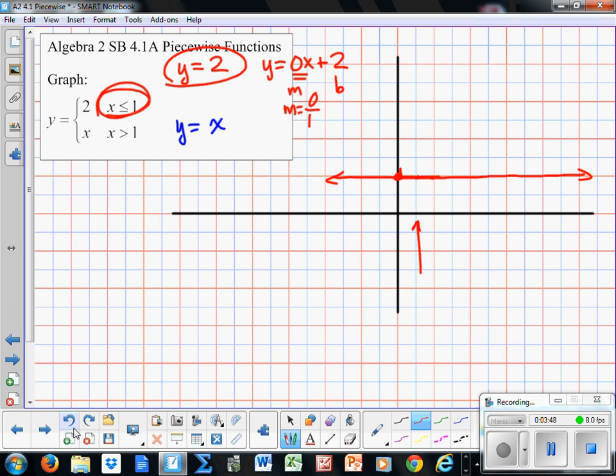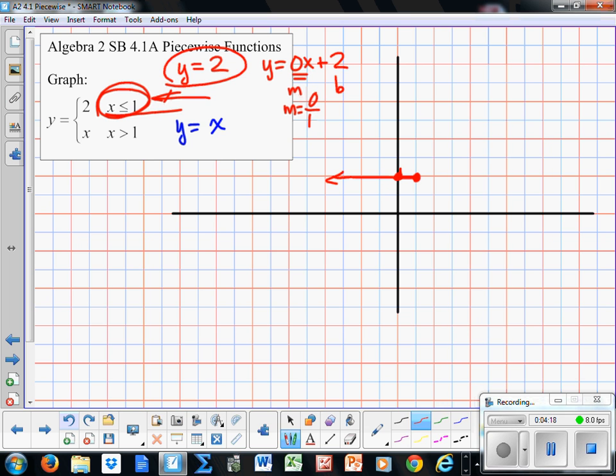After I get rid of all those little dots, I'm picking up the eraser, and I'm about to get rid of that. All I'm graphing this for is the x values that are less than or equal to 1. Or equal to means I want to keep this point on the end. So we have just successfully graphed the first piece of this function.